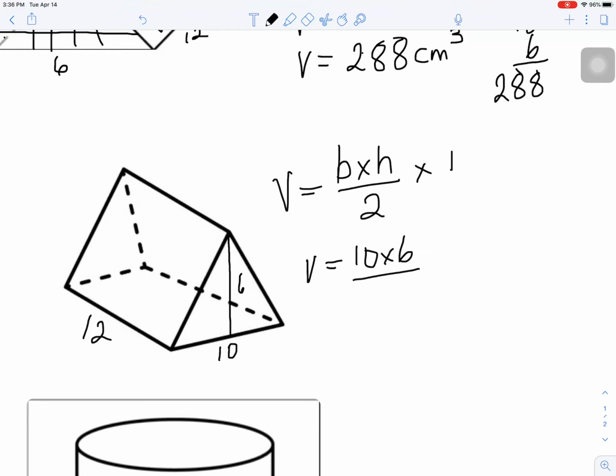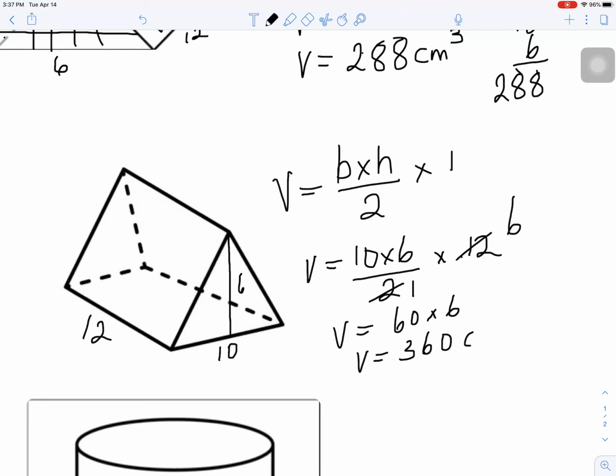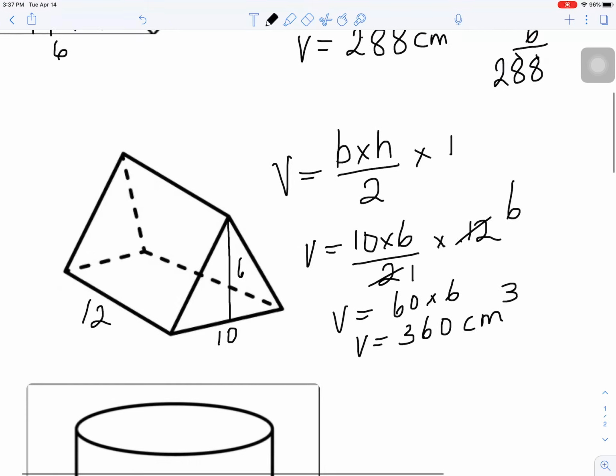Volume equals base, which is 10, times 6 divided by 2 times 12. Again, we can cross this out and make it easier, right? That would make this 1, that would make this 6 when we divide them by 2. So we actually have 60 times 6, right? And so our volume equals 360, again, centimeters cubed.